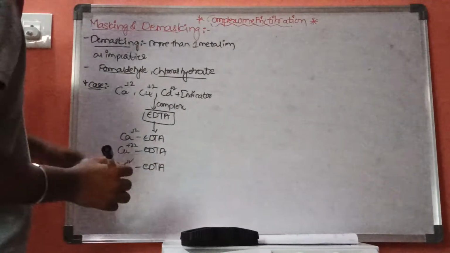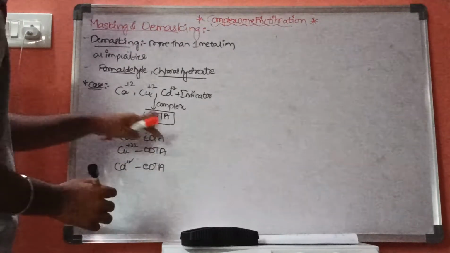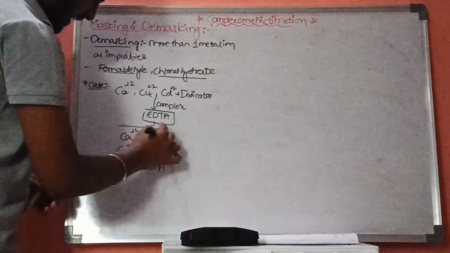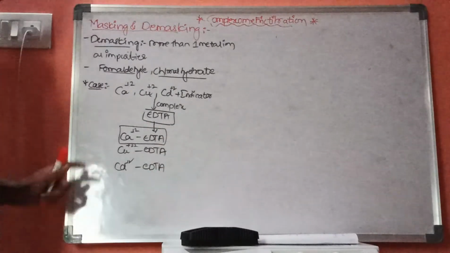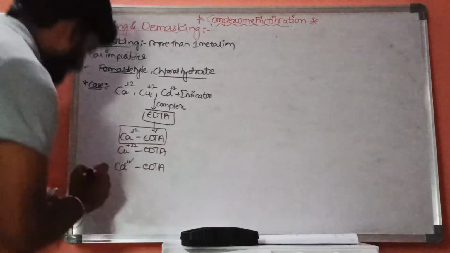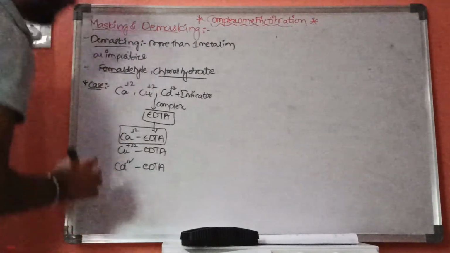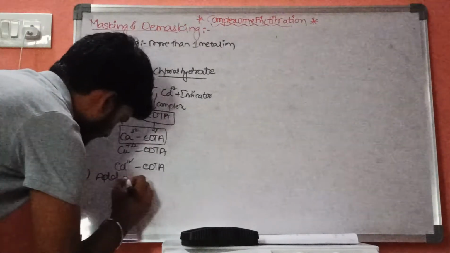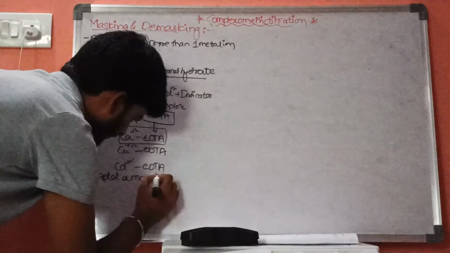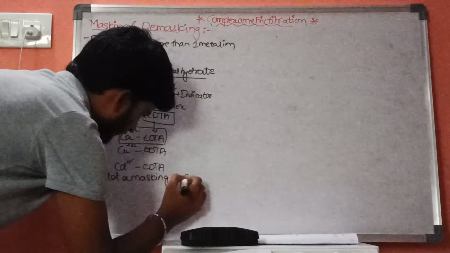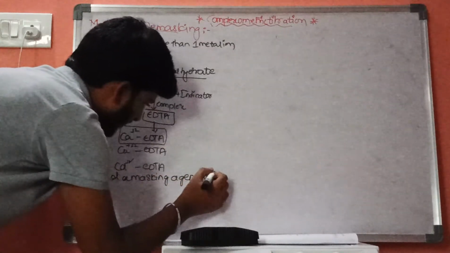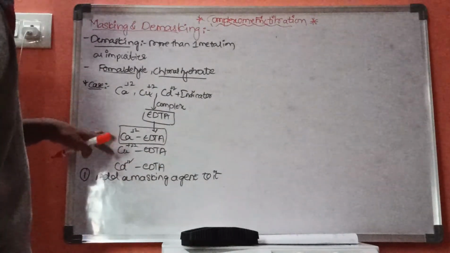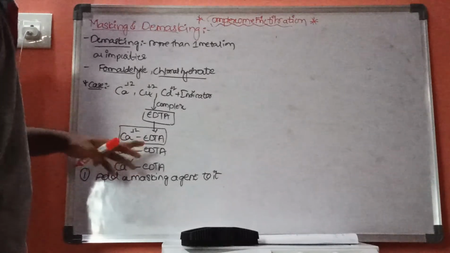After forming these three EDTA complexes, if we want to analyze only the calcium ions, the first step is to add a masking agent to this solution.